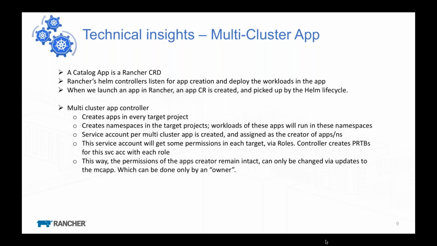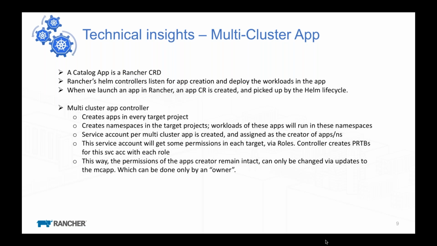What we do with multi-cluster app is there's a Rancher controller running in the management plane. Whenever a user creates a multi-cluster app and selects the target projects, the controller creates the Rancher app custom resource for every target cluster and project. It creates namespaces in the target projects, and the Helm controller will then pick up these applications from the target cluster and deploy the necessary workloads.